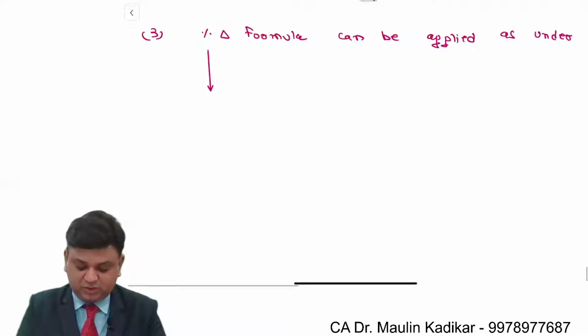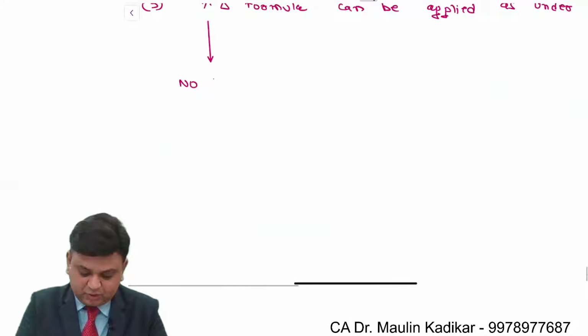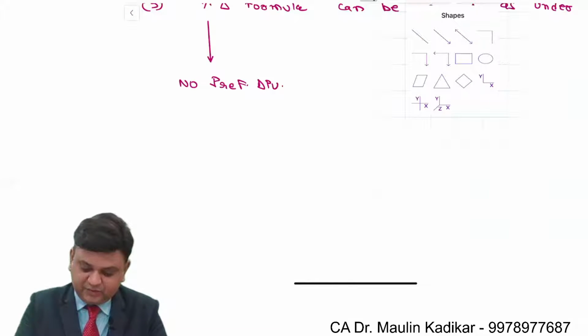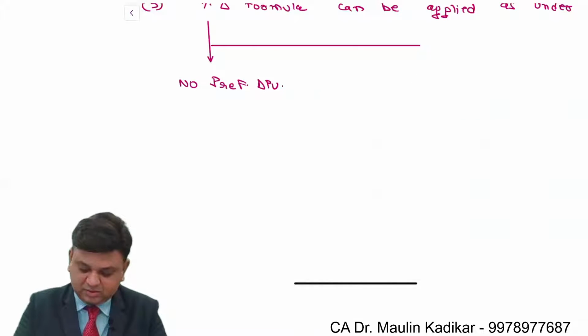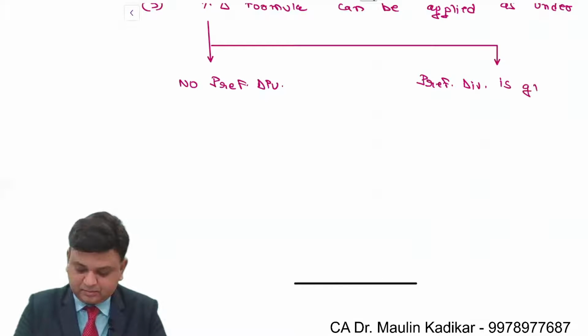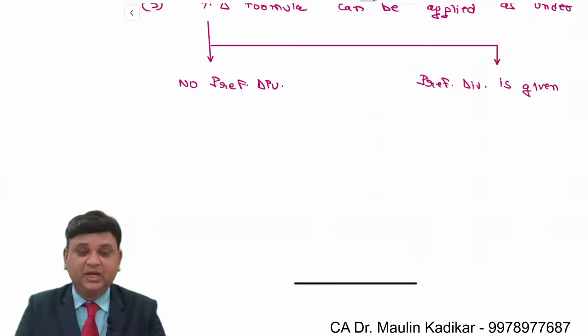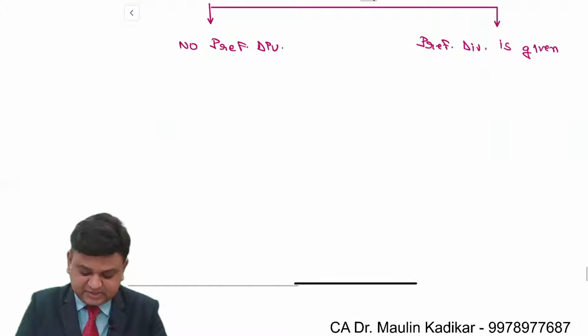If there is a situation of no preference dividend, and if there is a situation that preference dividend is given, in both of them we'll work out the answer like this.